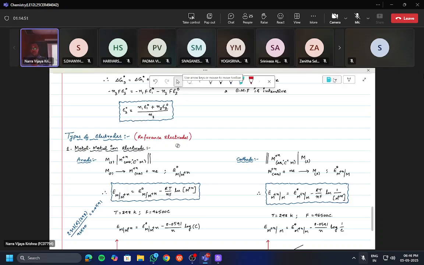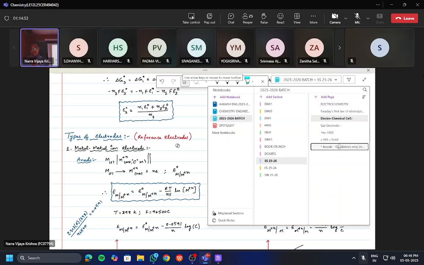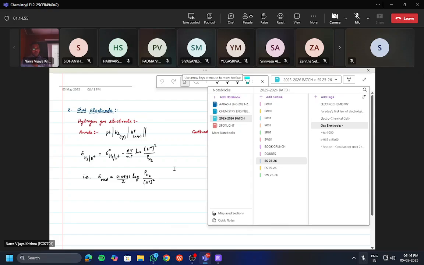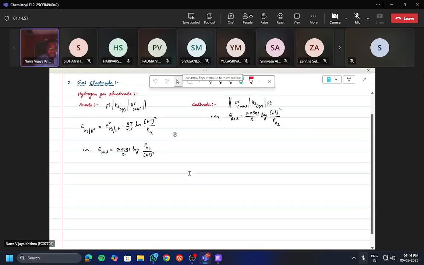Another type of gas electrode: the chlorine gas electrode. In gas electrodes, this is the second type. If it is used as anode, how will I write the representation?